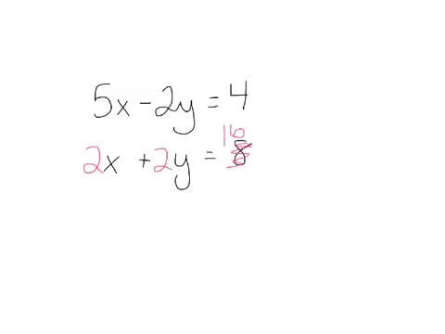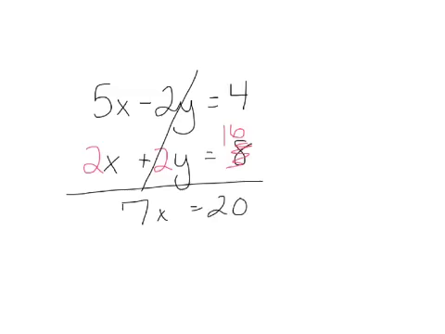I can then set it up where these are going to cancel, and then I can get 7x is equal to 20 and go through the remainder of the process. Of course, this is not working out that pretty in terms of coming up with fractions at this point, but it's that same method, and if something doesn't line up perfectly, then I can multiply to be able to get it.